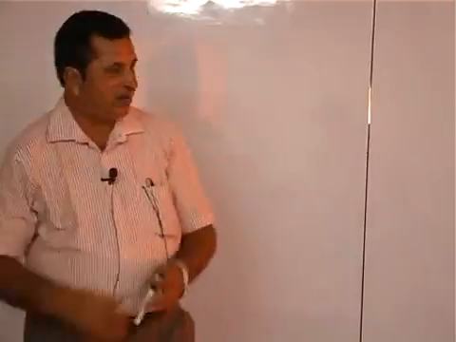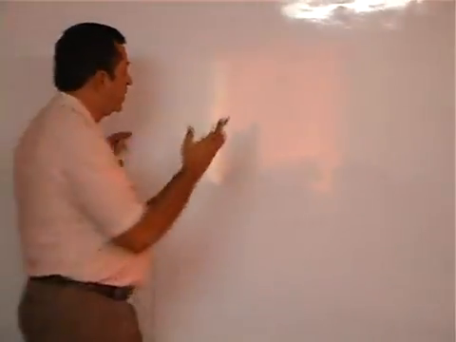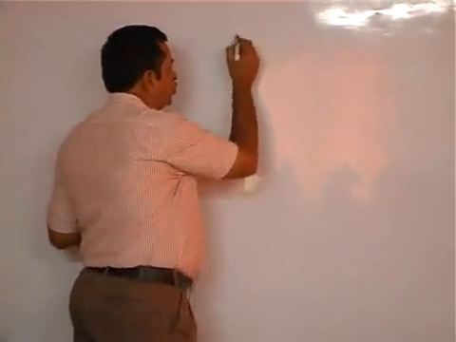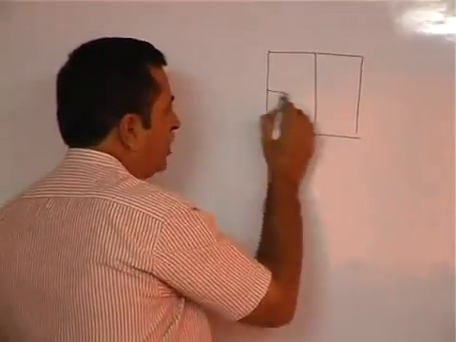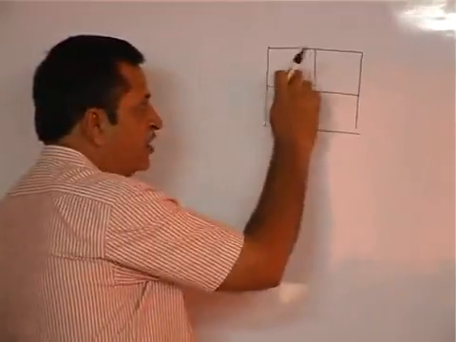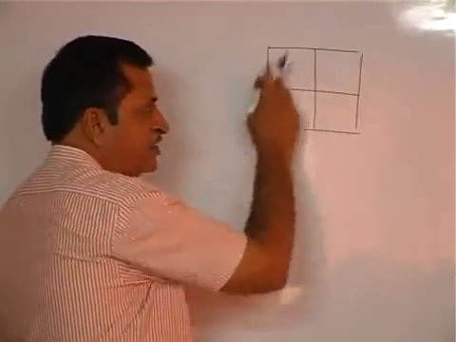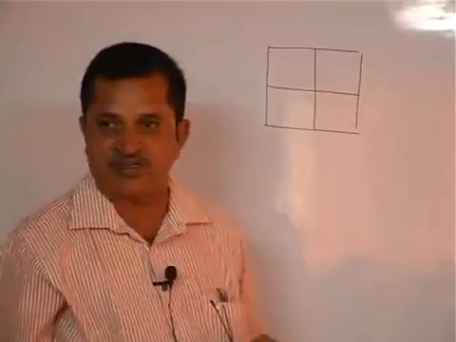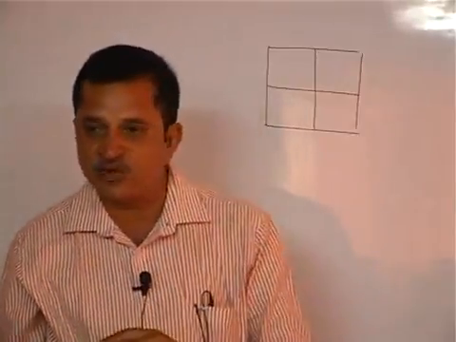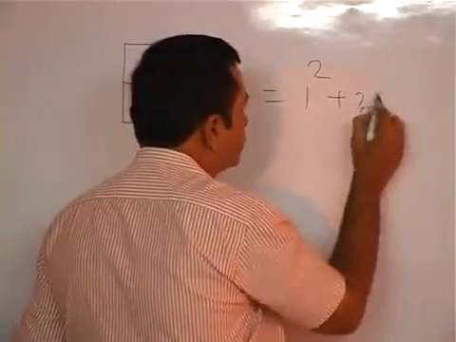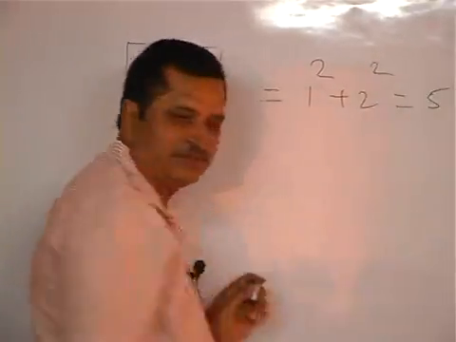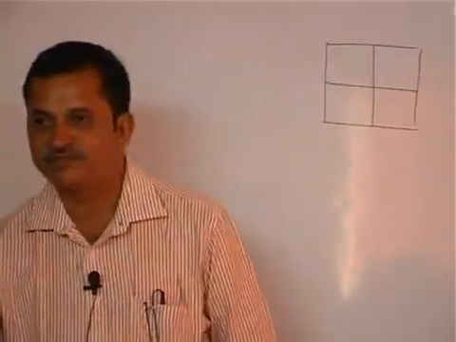See, I'll tell you a small clue. Suppose if I take a 2 by 2 chessboard, 2 by 2 chessboard means 1, 2, 3, 4 and this is 5, is it not? 5 squares. Because it is a 2 by 2 chessboard, sum of the squares of the first two natural numbers. Okay.